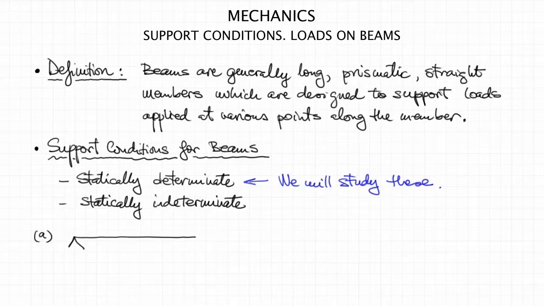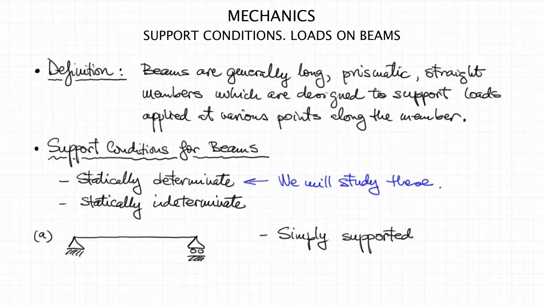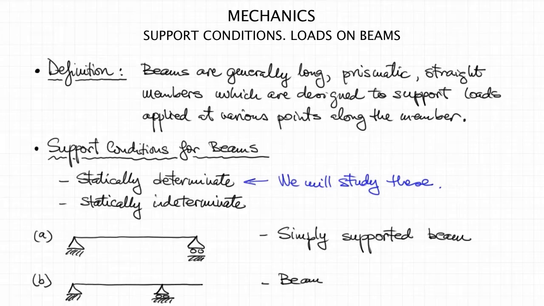So let's look at a few typical beams from the point of view of how they are supported. This one has a pin at the left end and a roller at the right end, and you've heard this terminology before. It is called a simply supported beam. In a second example, I have moved the roller support further to the left.